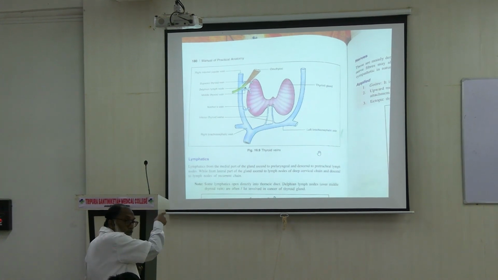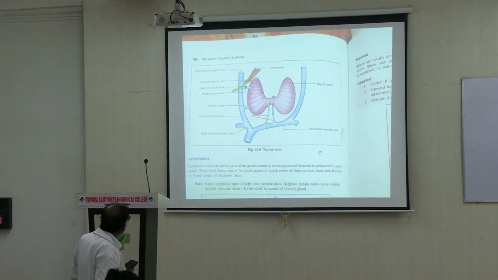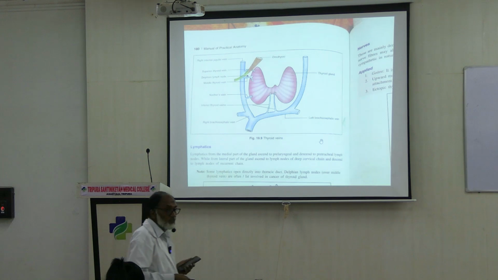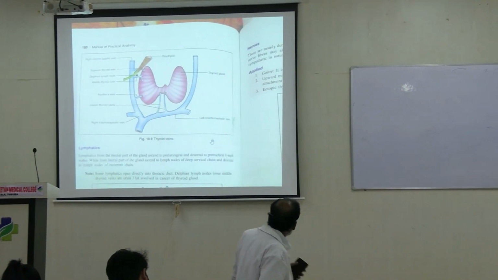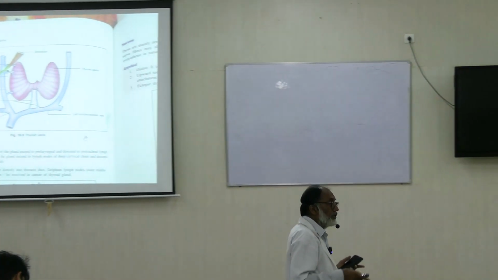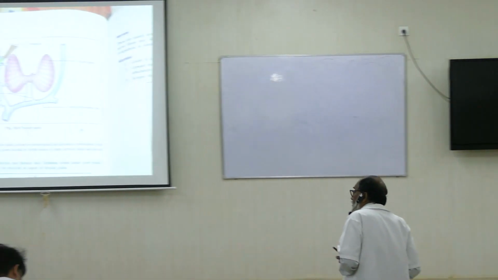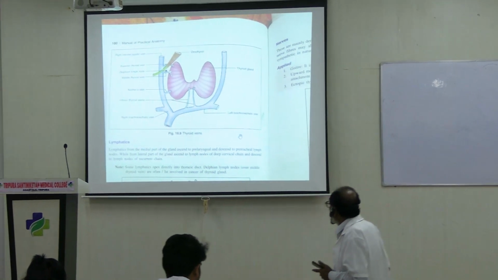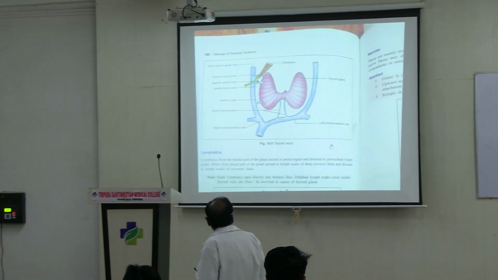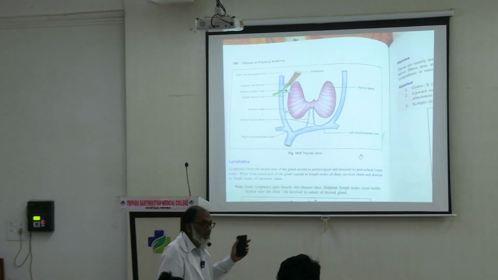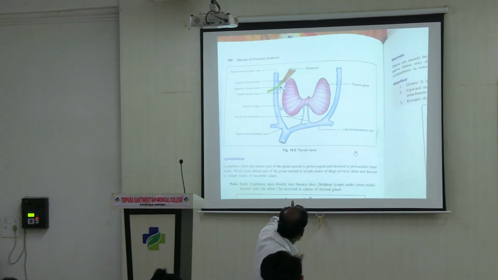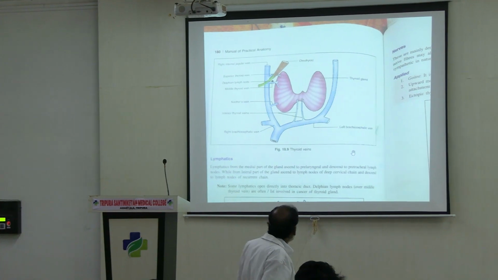And this vein, the inferior thyroid vein, is coming from the isthmus. Mostly it drains into the left brachiocephalic vein. Sometimes it may also drain into the right, but in the majority of cases it drains into the left brachiocephalic vein.